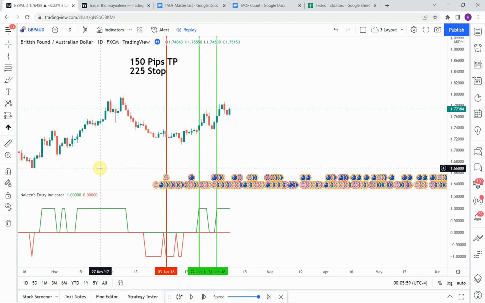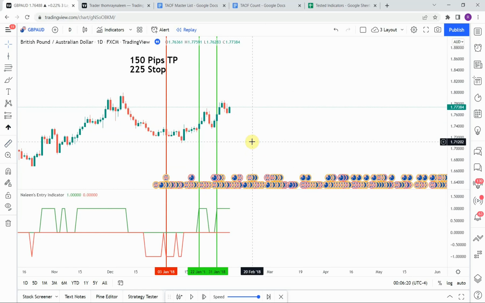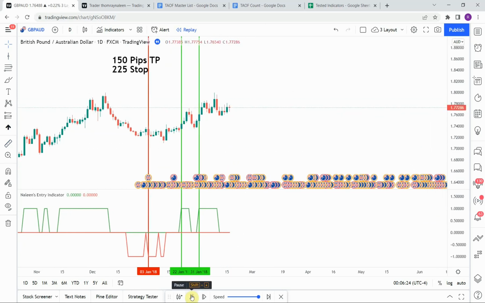Then the next signal that we pick up is a long signal right here. You can see that we get that entry right there, and then a nice push to the upside, which gets us to our take profit. And then moving forward a little bit, we get another green spike to the upside, and another really nice push to the upside, which once again gets us to our take profit. Let's go ahead and continue on.